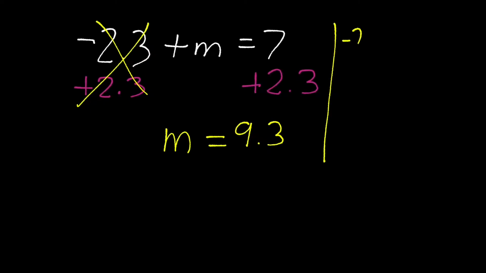We have -2 3/10 plus 9 3/10. I'm going to rewrite that so that it looks a little bit better. So 9 3/10, I'm going to rewrite it so that it is subtraction. It's going to make things a little bit easier to work with. So 9 3/10 minus 2 3/10.